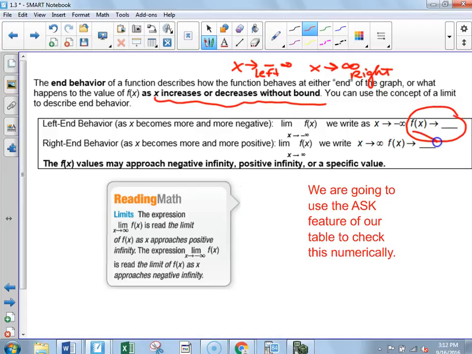We're just going to say what is f of x approaching. And if it was a positive, it would be up, because a negative infinity would be down. Does that seem okay? All right, so this vocabulary reads the limit of f of x as x approaches positive infinity, etc.